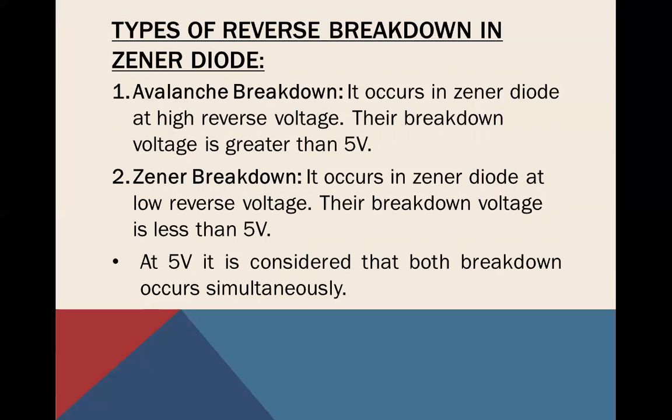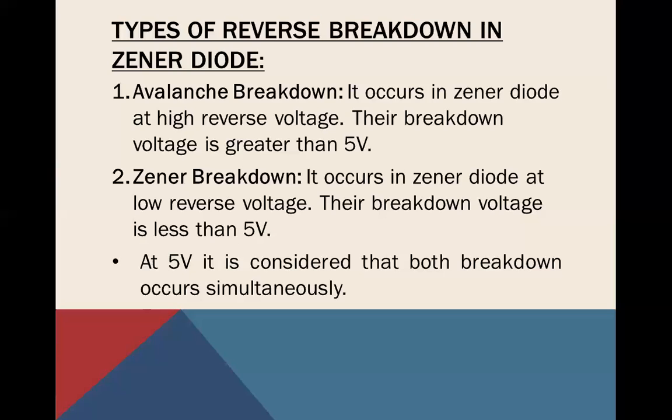Avalanche breakdown occurs in both normal and Zener diodes at sufficiently high reverse voltage. It can be operated at a breakdown voltage above 5 volts, whereas Zener breakdown occurs in a Zener diode at a very low reverse voltage, that is, below 5 volts.